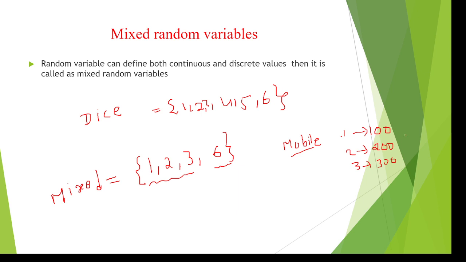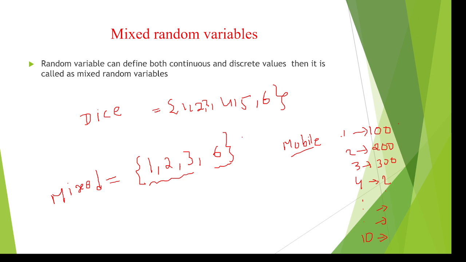So it is defined continuously. If the fourth day is not defined, and out of 10 days only 4 days are defined, then the remaining days are not defined, which means it is a discrete random variable.